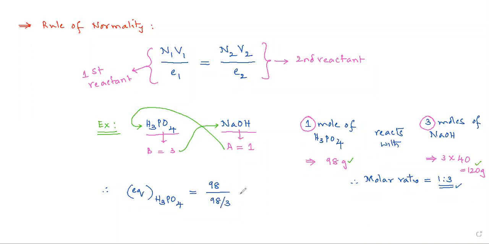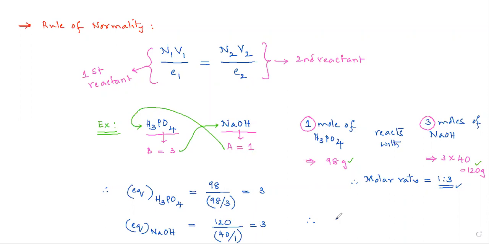We know that the equivalent weight is molecular weight by basicity, right? So this comes out to be 3. Then the number of equivalents of sodium hydroxide is given weight by equivalent weight, which is 3.